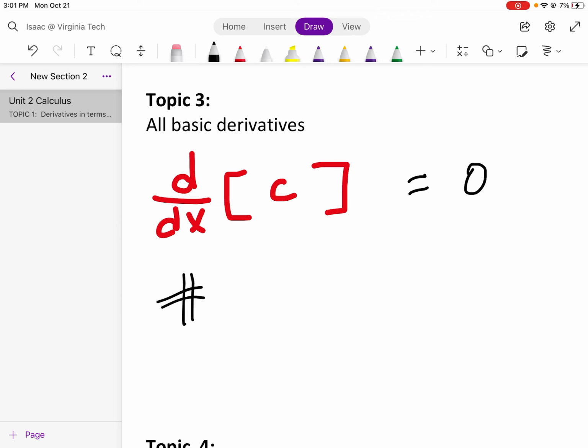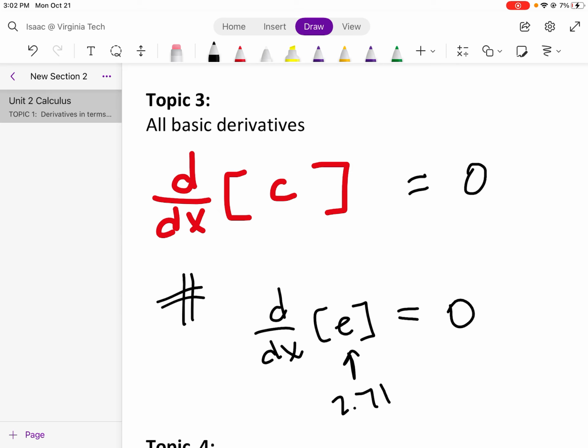But they will try to confuse you sometimes by doing something like this. They'll say, what is the derivative of e? And automatically you might think of the function e to the x, but this is trying to trick you because e is actually just a number that's approximately 2.71. It's a constant, therefore the derivative of it has to be 0. Another one they'll try to throw at you is pi.